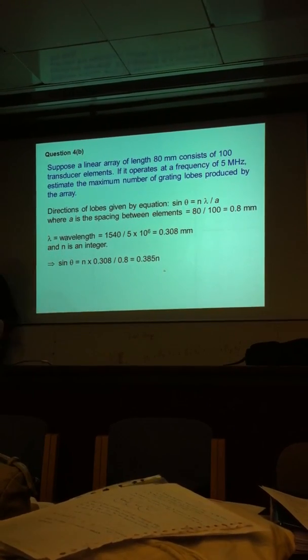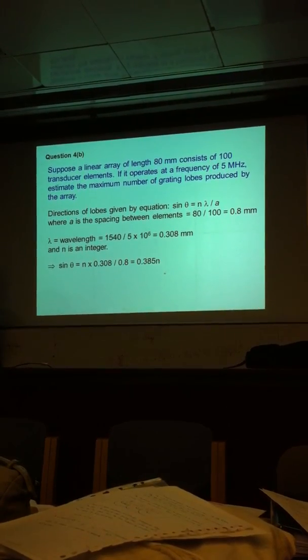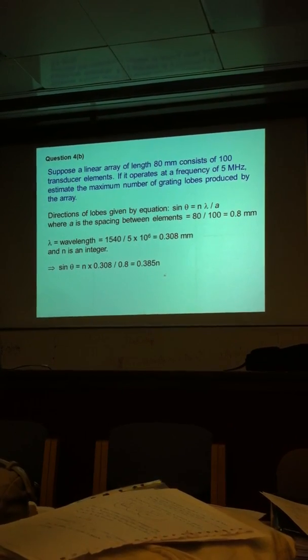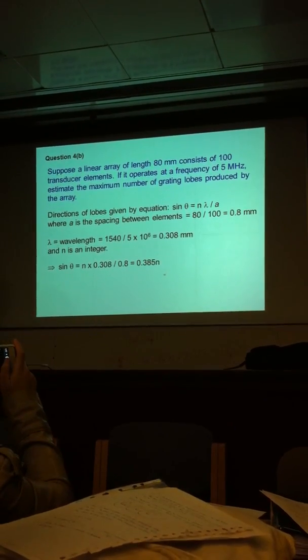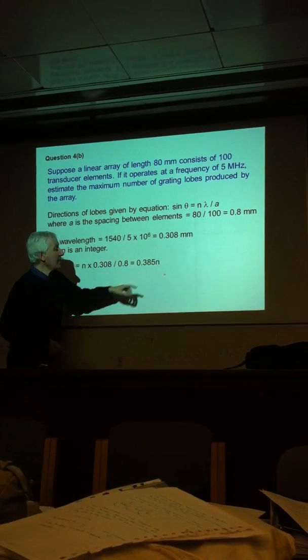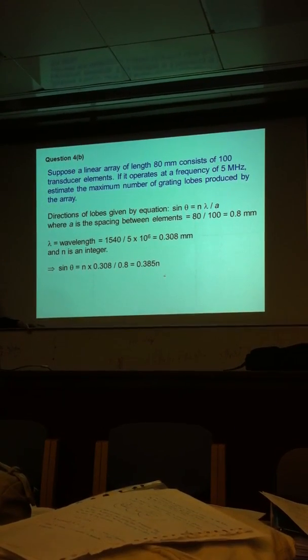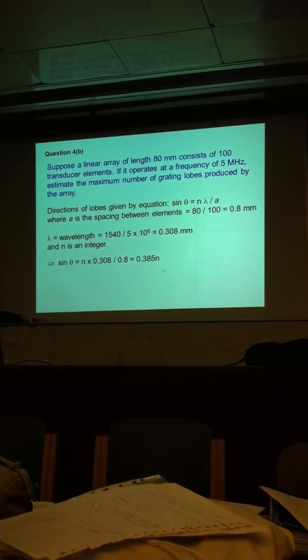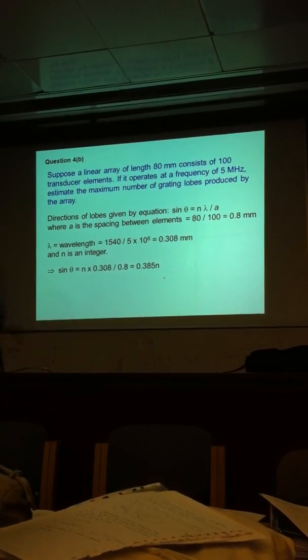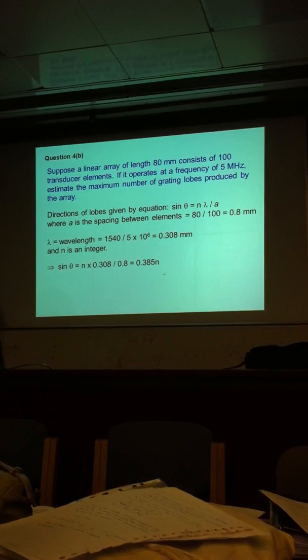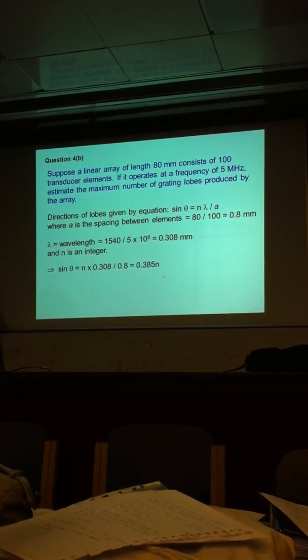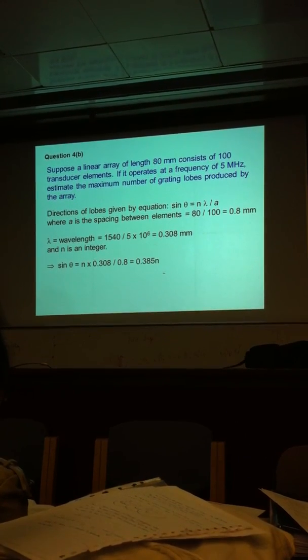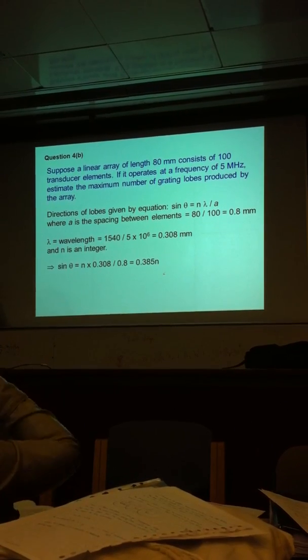So if you put those things into our equation, sine theta equals n lambda over A, we get sine theta equals 0.385 n. So the question is asking how many grating lobes are actually produced. Well, n can be any integer. How many different integers will satisfy that equation? Sine theta cannot exceed 1, meaning that the sine of an angle can only be between 1 and minus 1.